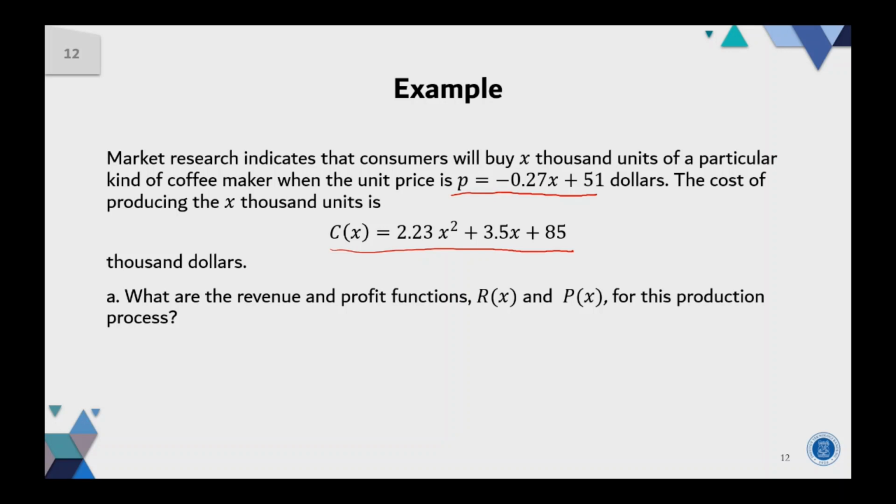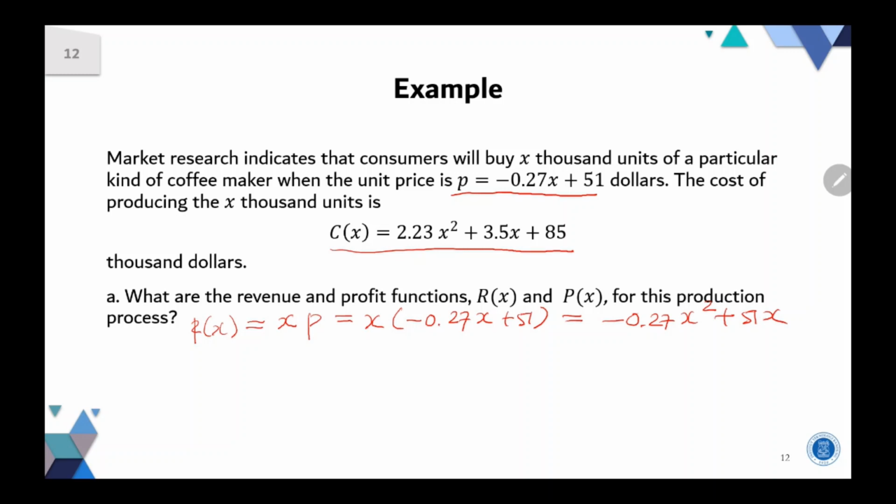So the revenue. Do you remember what is the revenue? Revenue is the number of items being sold times the price. Yeah. So we have x times the price, minus 0.27x plus 51, or we can rewrite it as minus 0.27x squared plus 51x.